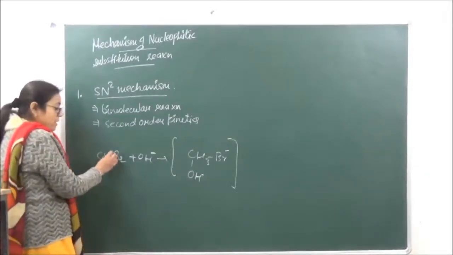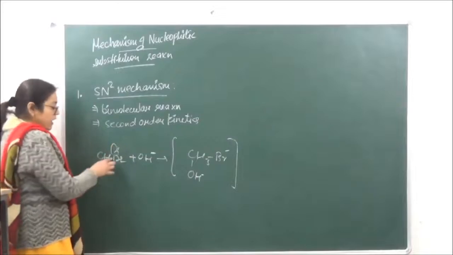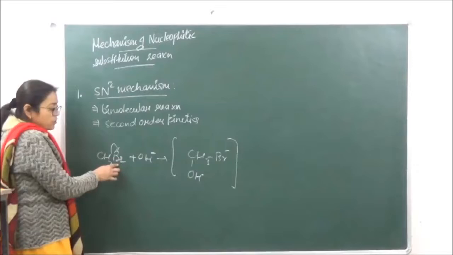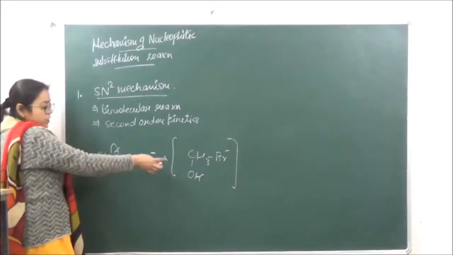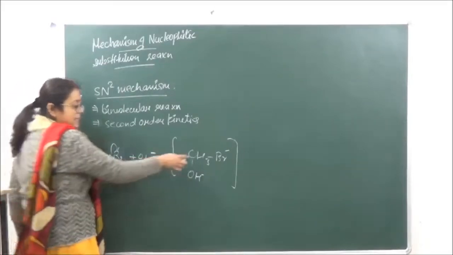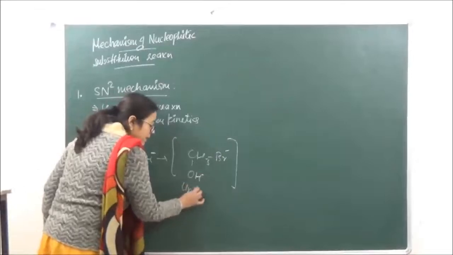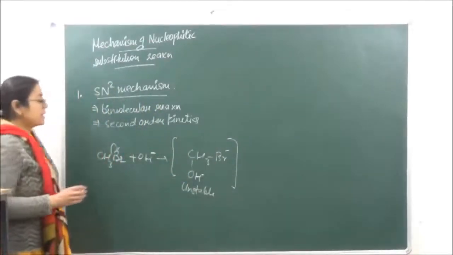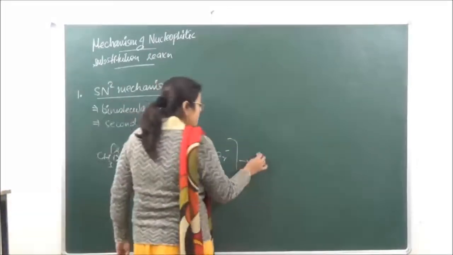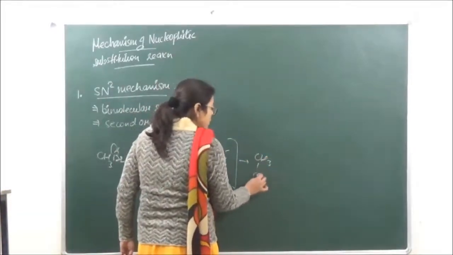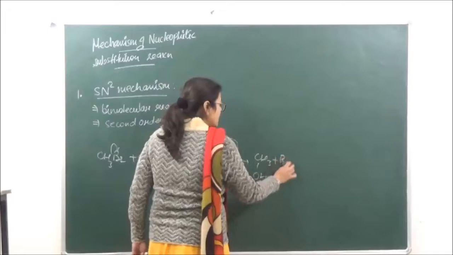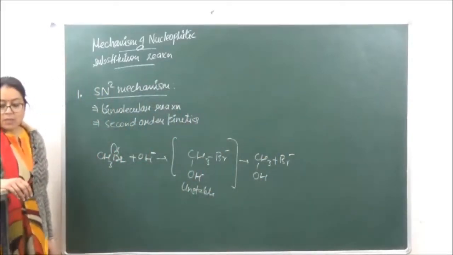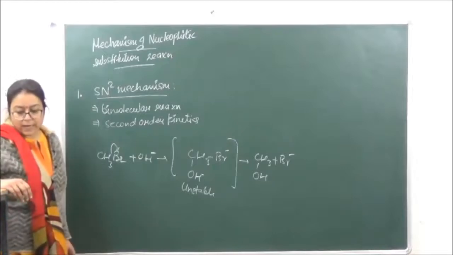So the shared pair of electrons, they will shift towards bromine. जब वो इसकी तरफ को शिफ्ट हो रहे हैं और ये जो OH negative है ये भी simultaneously attack कर रहा है, we are going to get an intermediate which is going to be unstable. ठीक है? Now this intermediate will immediately break into CH3OH plus Br negative. So better the leaving group over here, more susceptible is going to be the reaction.